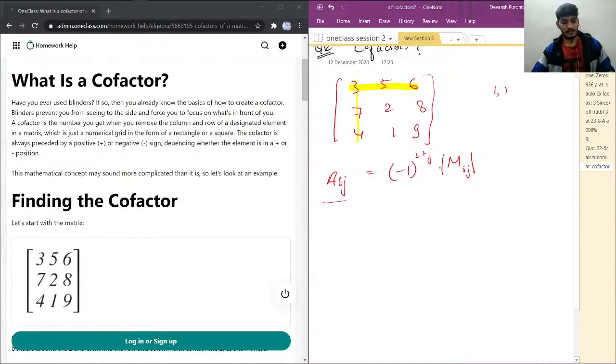So I'll just undo this. My minor matrix for 3, for 1, 1, is 2, 8, 1, 9.